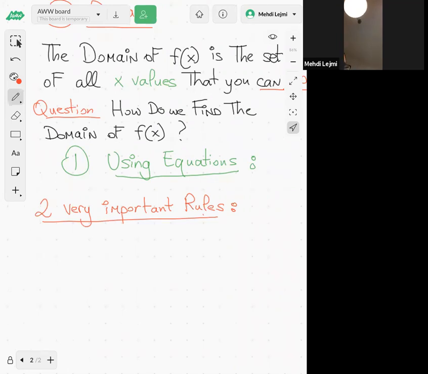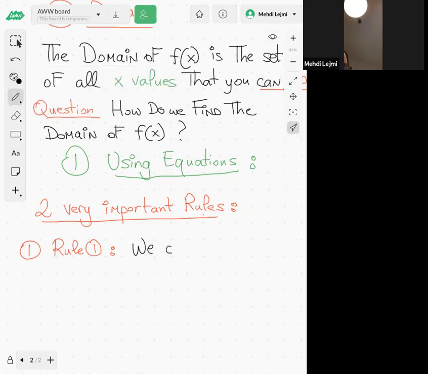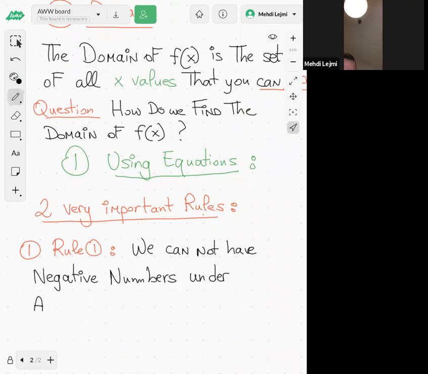So rule number one: we cannot have negative numbers under a square root.